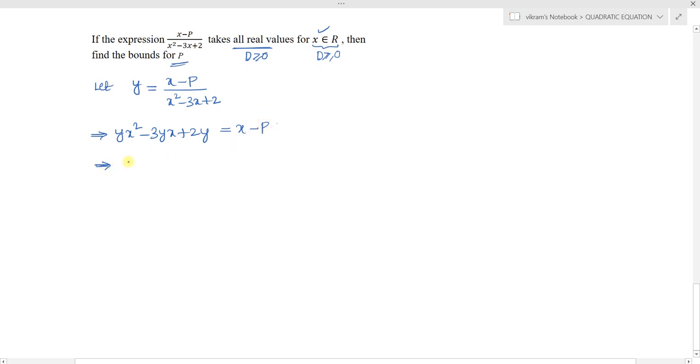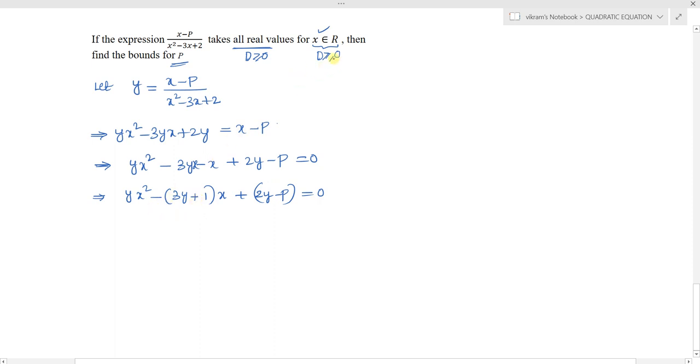Now, as a quadratic equation in x, we can write this as yx² − 3yx − x + 2y − p = 0, that is, yx² − (3y + 1)x + 2y − p = 0. Which is a quadratic equation in the variable x.